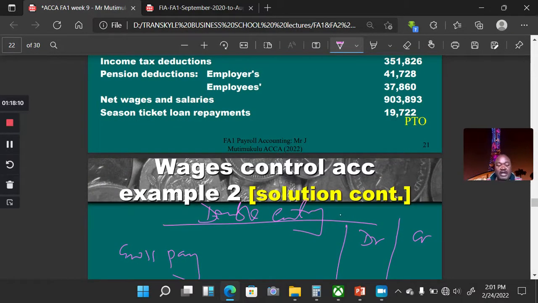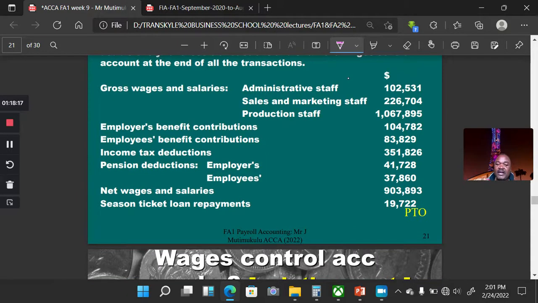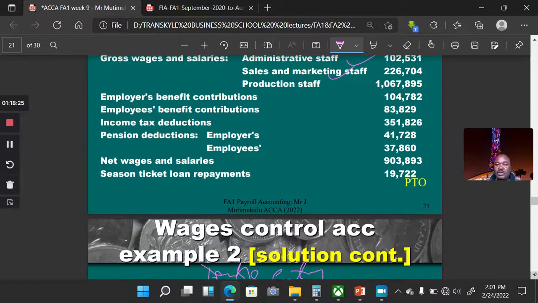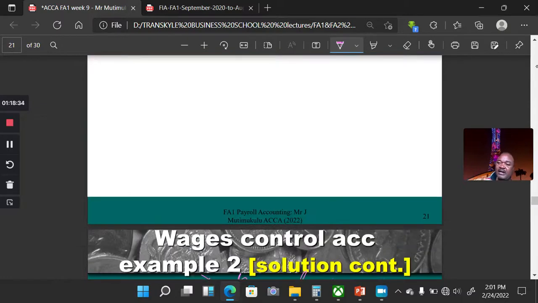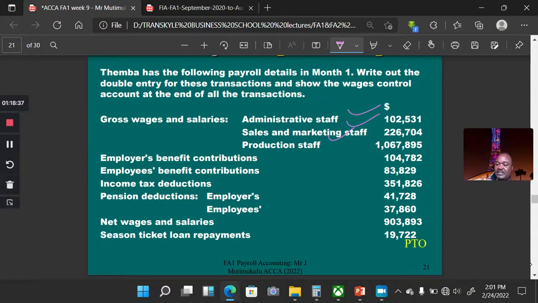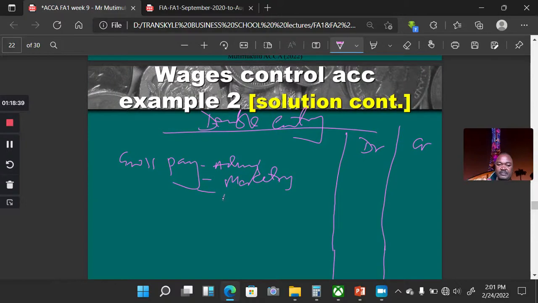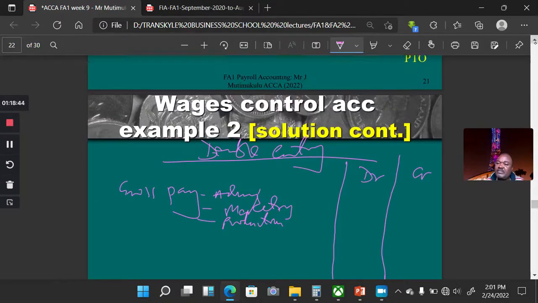So we're going to take the gross pay for all the administrative staff, sales, marketing, and production, and just deal with them at once. So gross pay admin, gross pay marketing, and gross pay production, with their respective amounts.